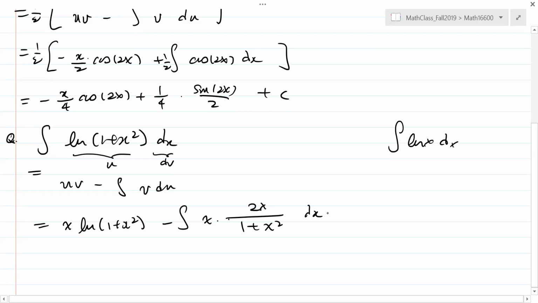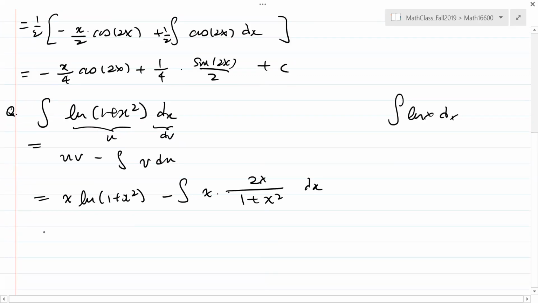At least I get rid of the natural log in the integral, but it creates a more complicated function. So I put 2 here, I get x squared over 1 plus x squared.